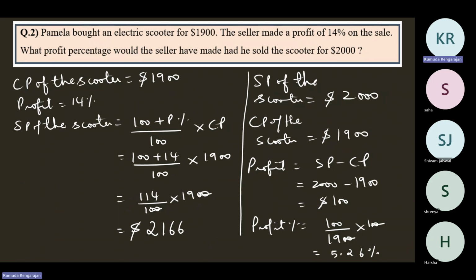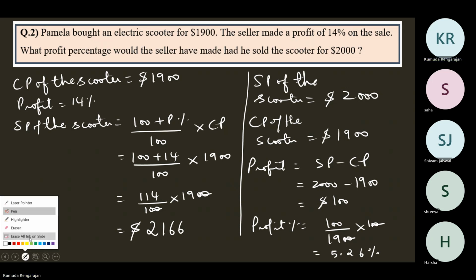Oh, I didn't read the question properly then. Oh, yeah. Thank you. I did not read the question properly. The seller, I overread, meaning I didn't notice that seller there. The seller makes a profit. Okay.